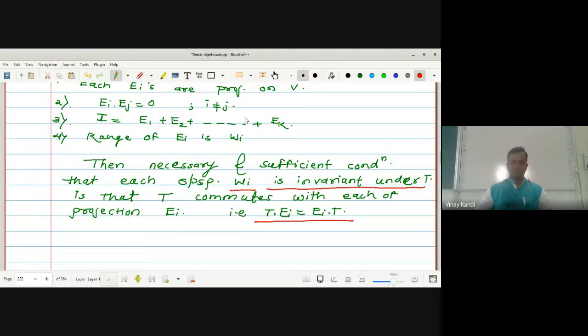And in the sufficient part, we have to assume which one? Necessary and sufficient condition.